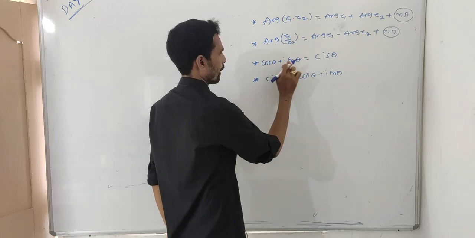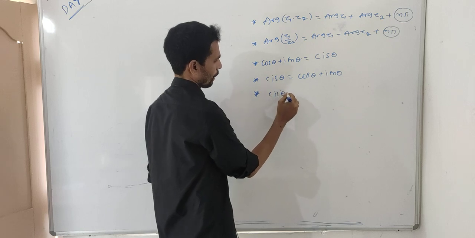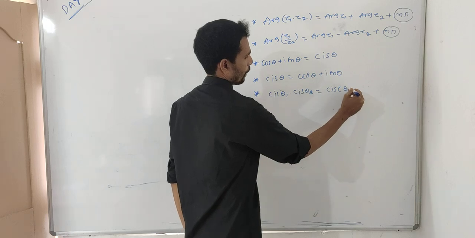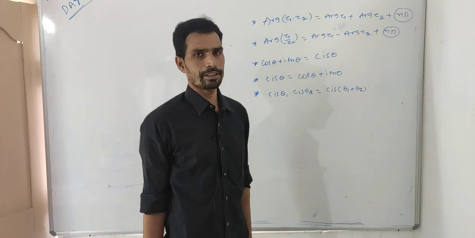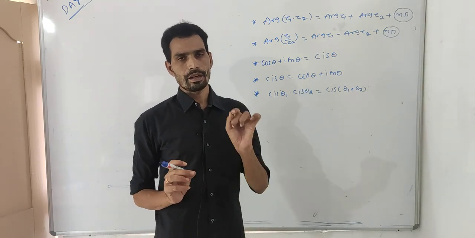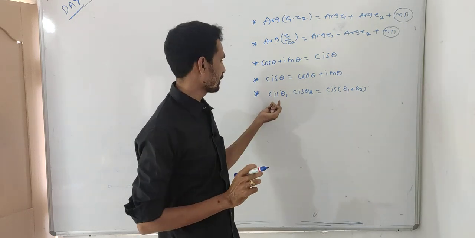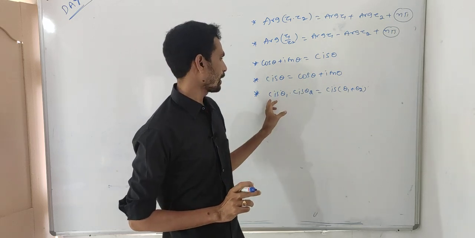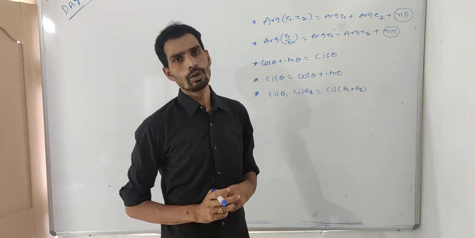Don't write cos theta plus i sin theta each and every time; it can be written as cis theta only. Suppose cis theta 1 into cis theta 2 is equal to cis of theta 1 plus theta 2.